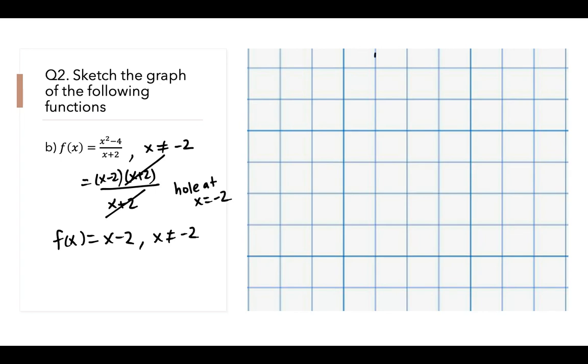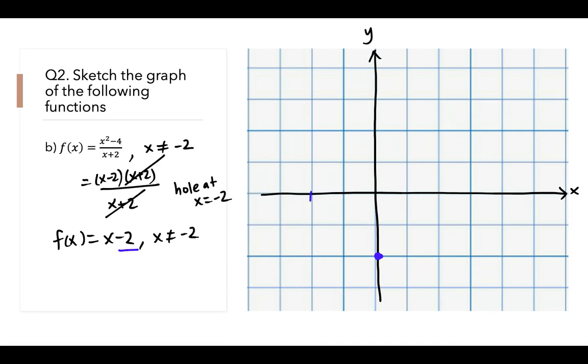So again, let's graph this. I'm going to draw the grid over here. This is x, and this is y. Let me use a different color. We are drawing a linear function. We have a y-intercept at negative 2, and that's my y-intercept.